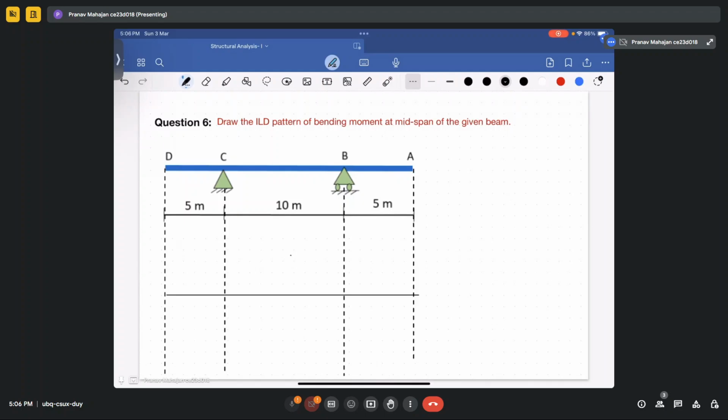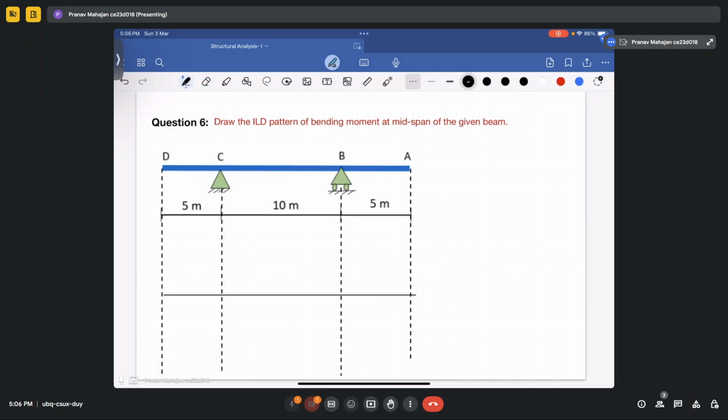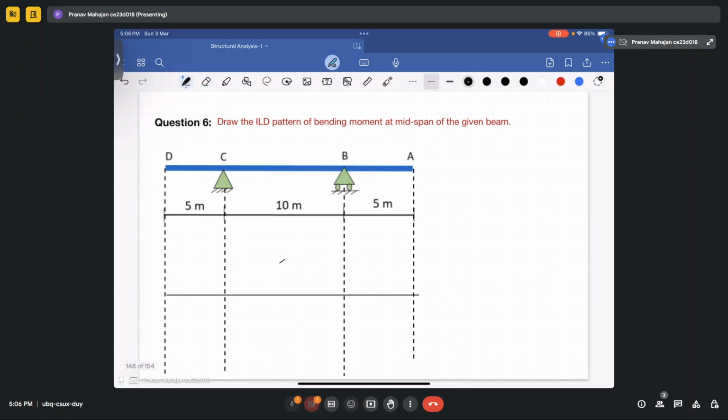Okay, so I will start from this point. It will move like this. Here also it will move like this.